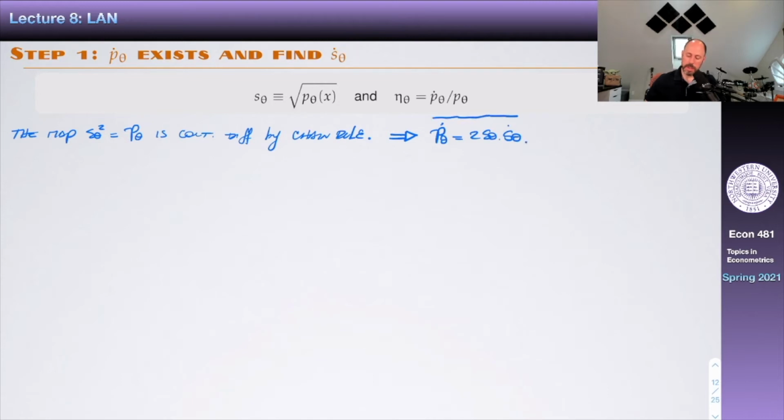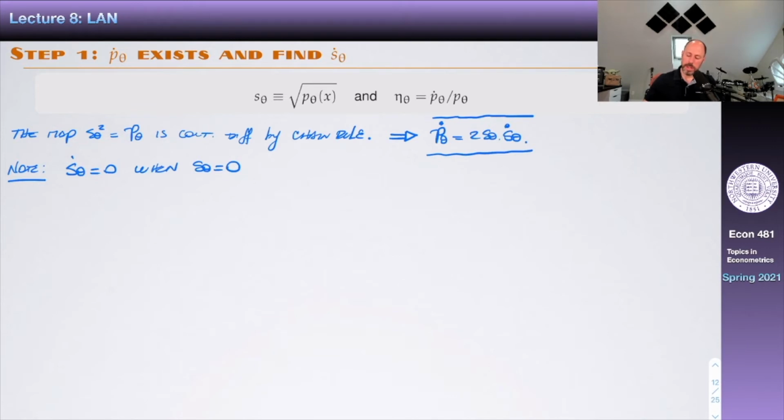Okay, so here we have an expression for p dot. Note that s dot theta must be 0 when s is 0.